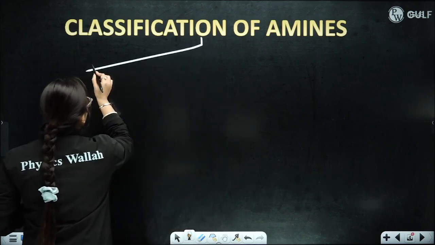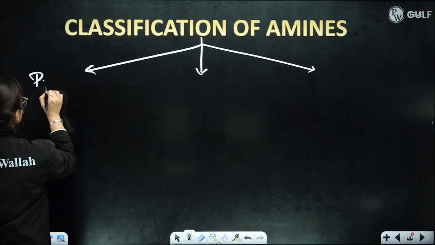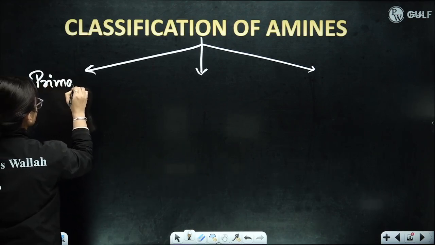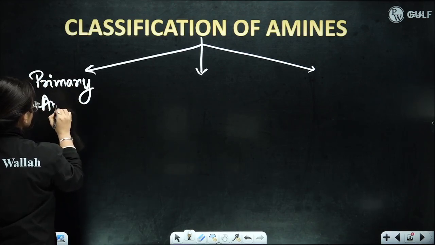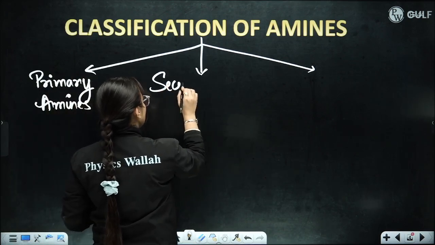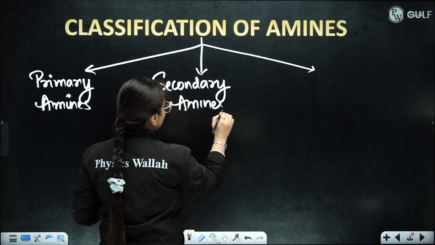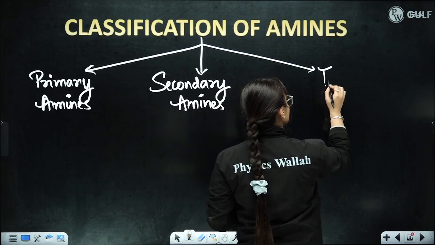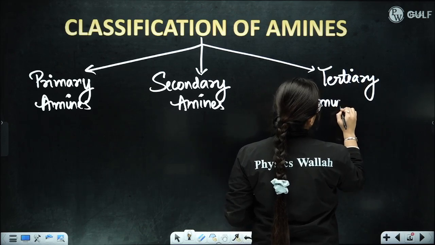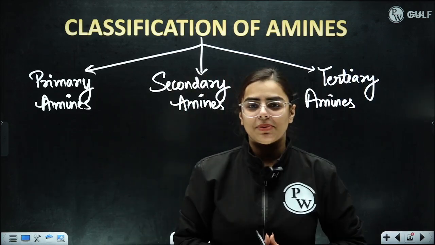The three major categories, students, are your primary amines, then comes your secondary amines, and then comes your tertiary amines. Yes. Now let me explain what primary amines, secondary amines and tertiary amines are.